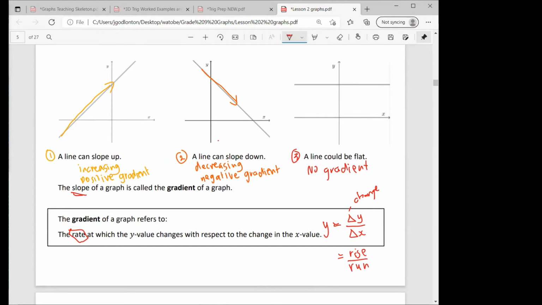And Daphne and Jaden, those of you who have done them, have you heard of rise over run, or have you been working with change of y over change of x? Which ones have you been hearing from your teachers? Or have you only been working with the formula? Let me know. Tell me things in these comments. Or unmute yourself and talk to me. I don't mind. Either one.